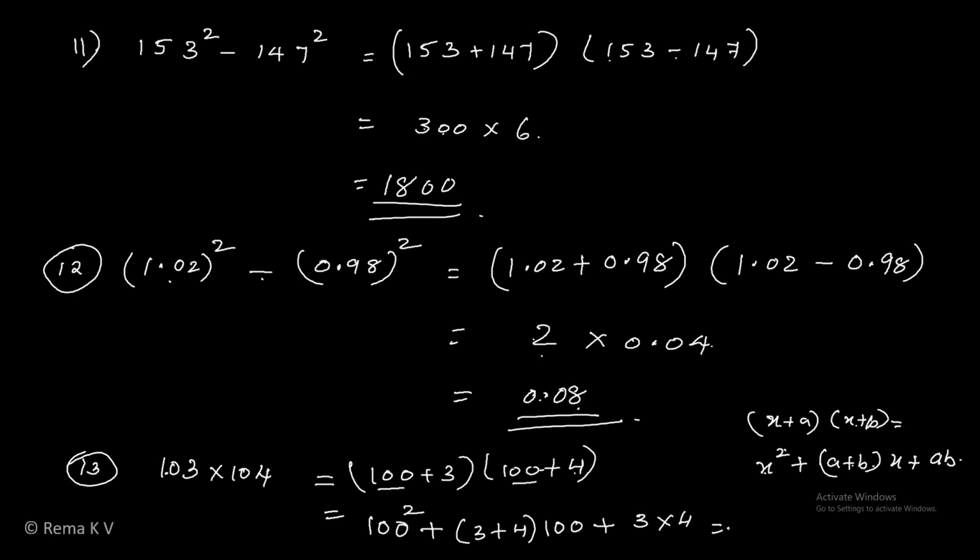This is equal to 100 square, it is 10,000, plus 3 plus 4 is 7, 7 into 100, it is 700. Then 3 fours, 12. This is equal to 10,712.